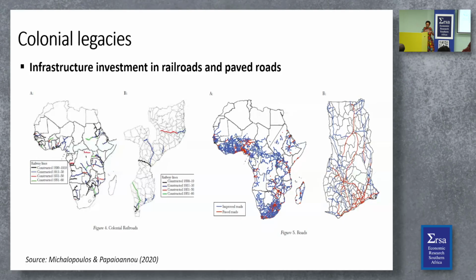So they needed the resources. Mozambique was not a settler colony. It was extractive. There was no effort made to connect the southern, central and northern provinces. There was no effort made to connect the different African countries internally.